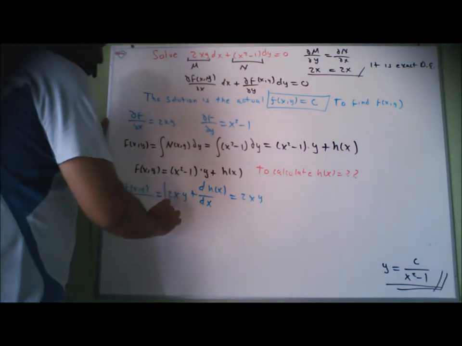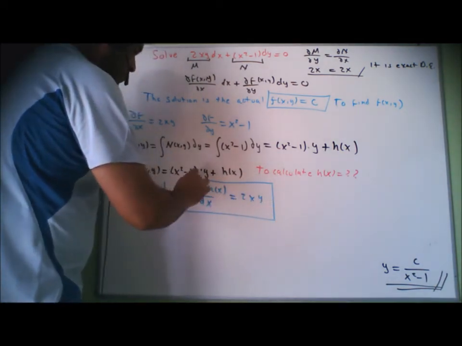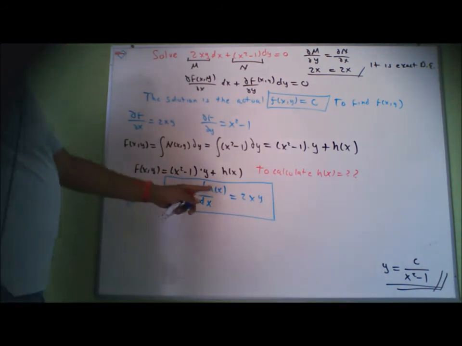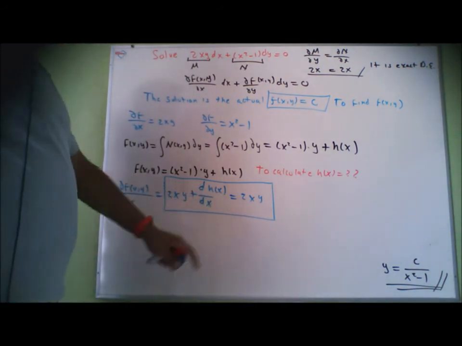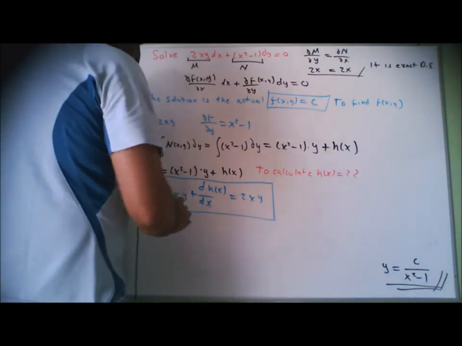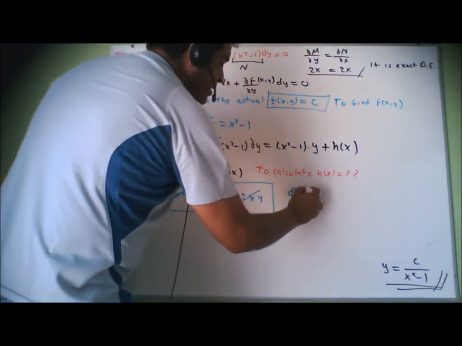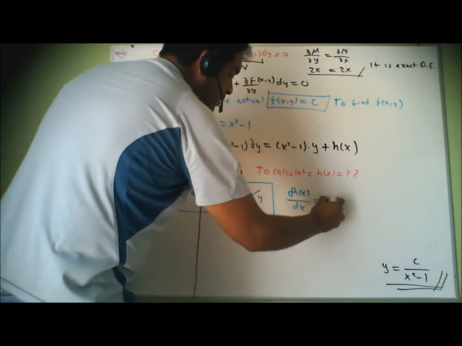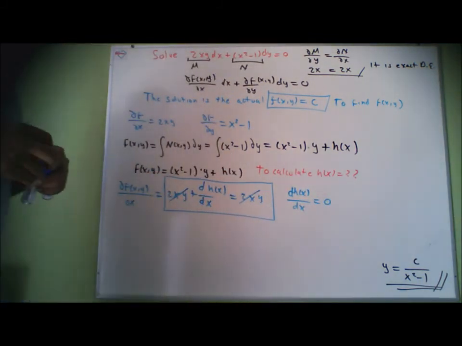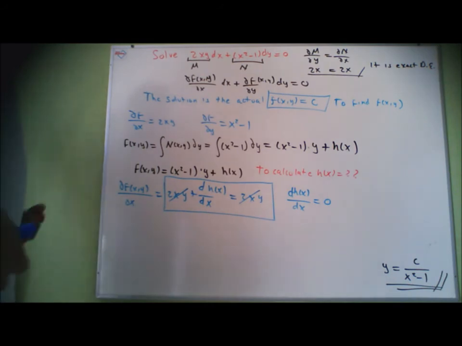Okay, so we are going to work with this side of the equation, because remember, we are looking for h of x. As you can see here, this and this cancel, so the derivative of h of x with respect to x is equal to 0. Now, what could be the function h of x such that the derivative is equal to 0?